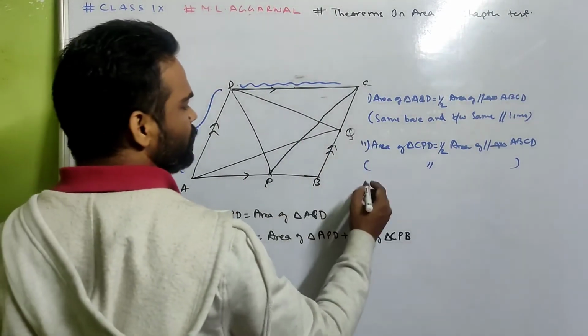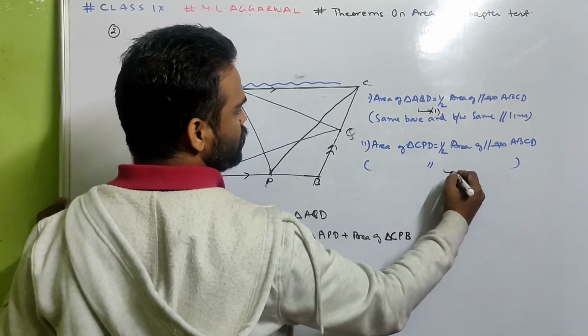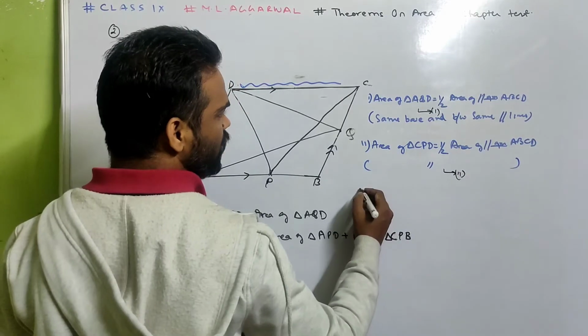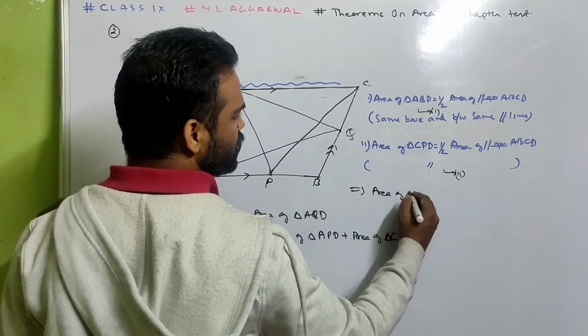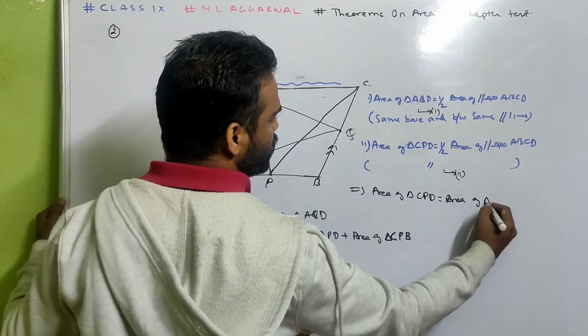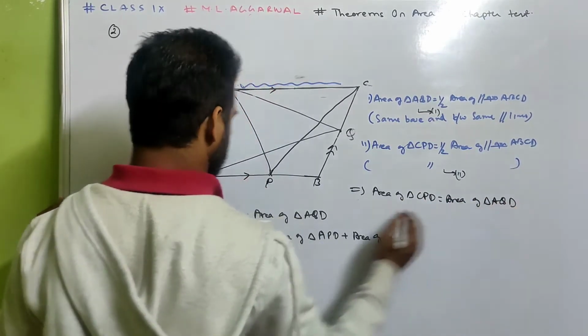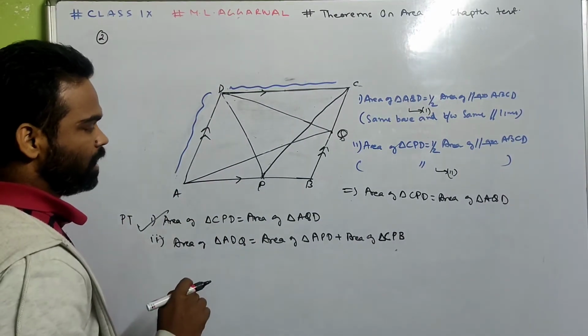Done. Comparing 1 and 2. Suppose this is your 1 and this is your 2. So comparing these two, I can clearly say that area of triangle CPD is equal to area of triangle AQD, which was our first part.